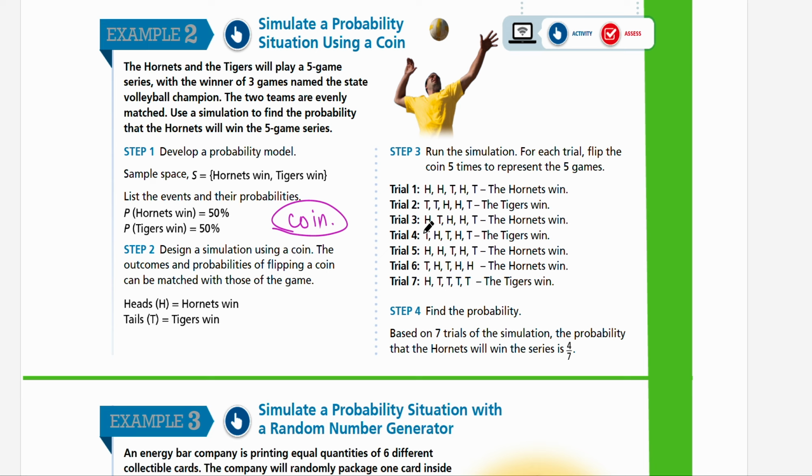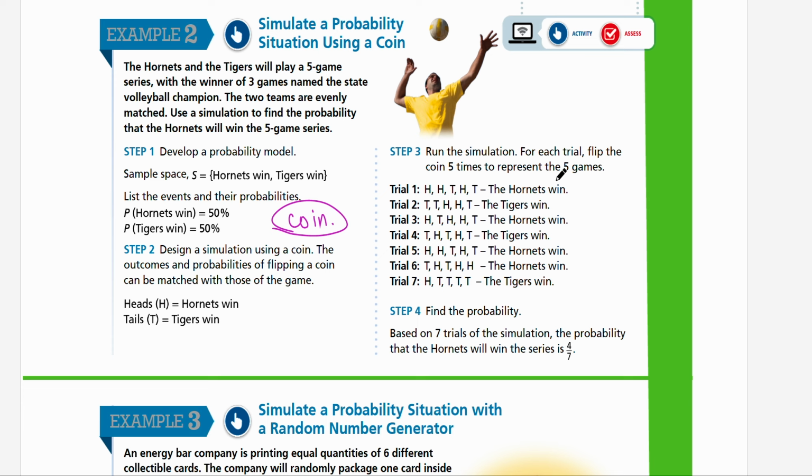So design a simulation using a coin. The outcomes and probabilities of flipping a coin can be matched with those of the game. So we can run the simulation when we decide that heads would represent one outcome and tails would represent the other, right? So heads would be for Hornets, tails would be for Tigers. The acronyms match, so that's easy.